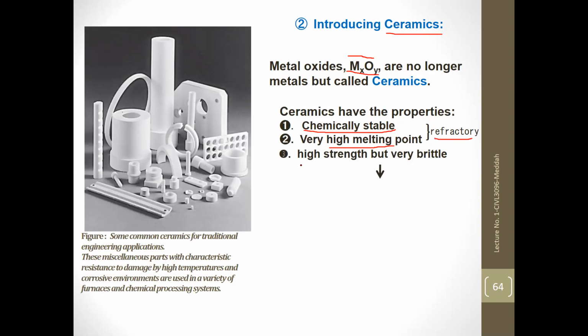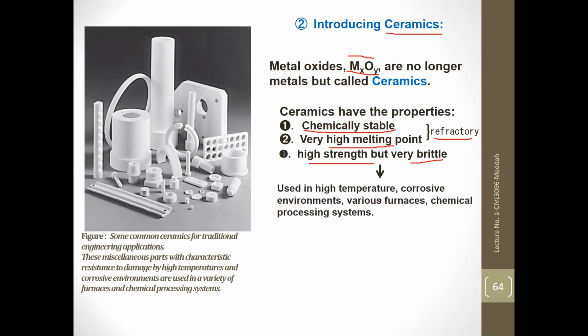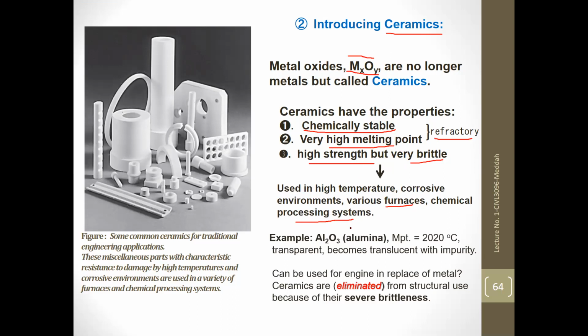We said they have high strength, but the weakness is brittleness. This is why you will find ceramic materials used for furnaces and chemical processing, because they have very good resistance to corrosion, high temperature, chemical attack, and so on.